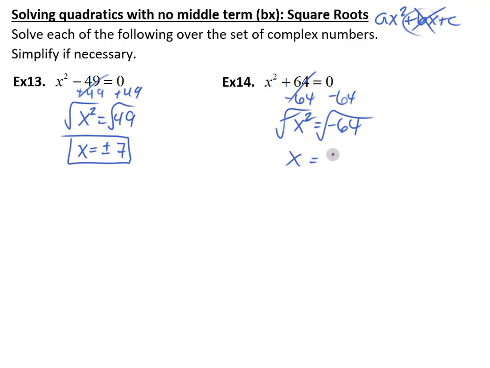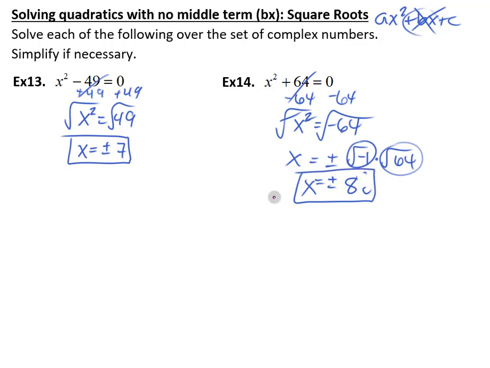Well, now we know how to deal with that. I still need to put plus or minus, but we can think of this as the square root of negative 1 times the square root of 64. So we get plus or minus. This is going to give me 8, and this is going to give me i. Plus or minus 8i. There's our 2 solutions for x. We just needed an imaginary this time.